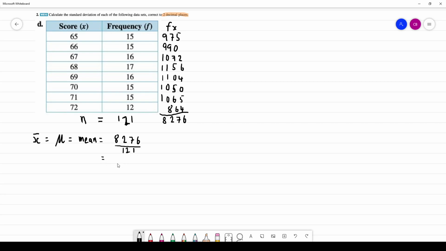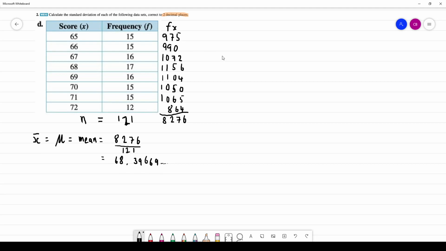And if we do that, we'll get the mean to be 68.39669, etc. Remember, we only need to go up to 2 decimal places for our answer. So we don't want to round yet. At the very end is when we want to round. So let's try and be more accurate than 2 decimal places.